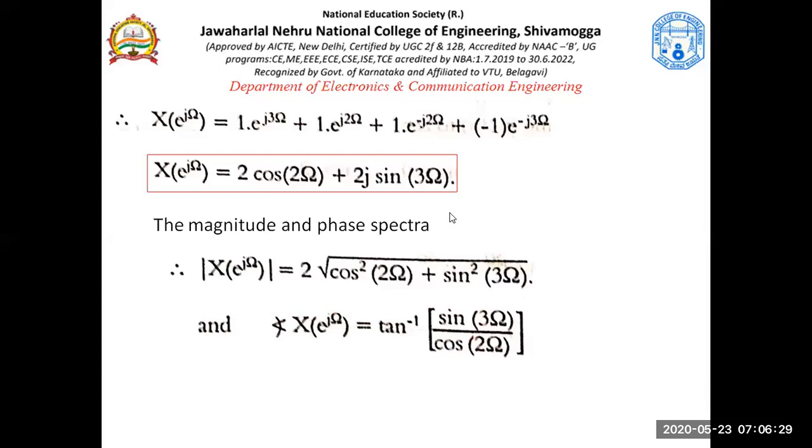Now is it minus tan inverse of b by a? I am doubtful. Let's see if it is minus or just tan inverse of b by a. If it's minus, we need to bring that here. Fine. So this is how we obtain the expressions for magnitude and phase spectra.